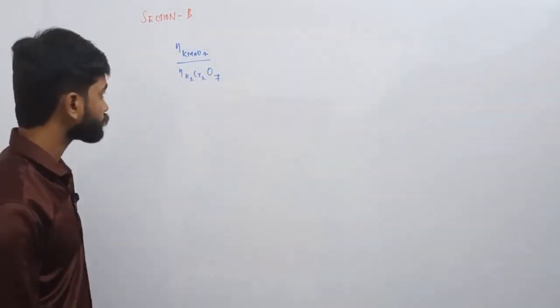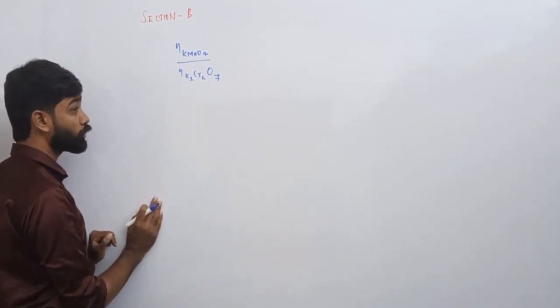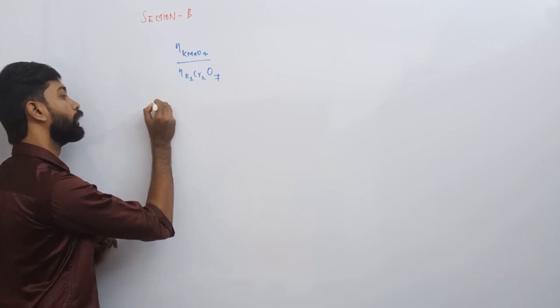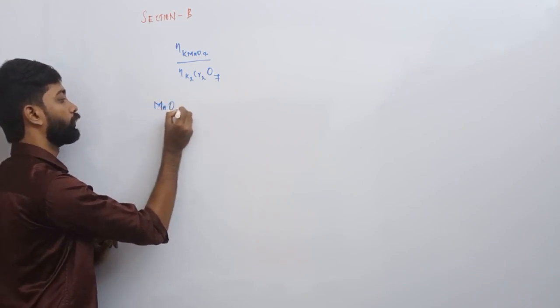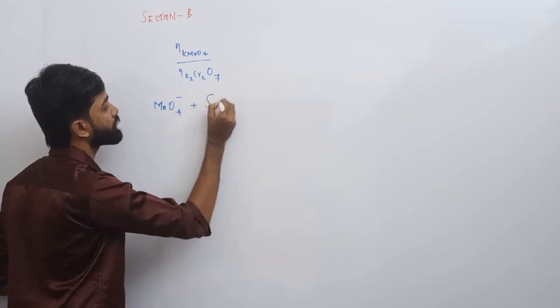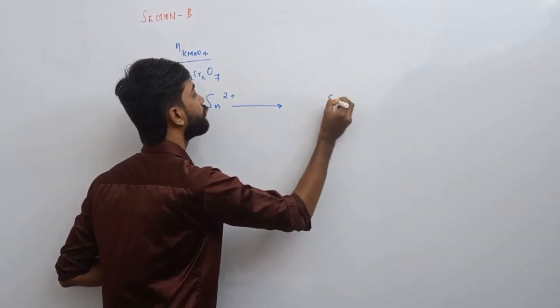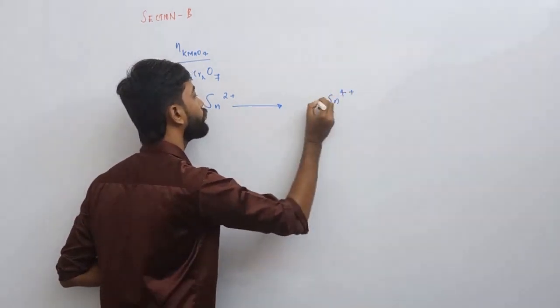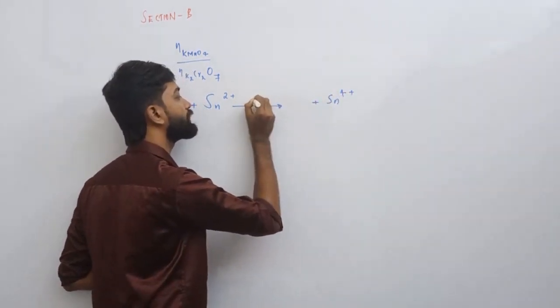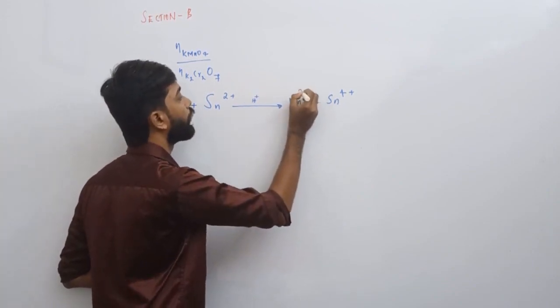And that is required to oxidize Sn2+ to Sn4+. That means your KMnO4, that is MnO4-, oxidizes Sn2+ to Sn4+, and you know that in acidic medium, MnO4- itself is reduced to Mn2+.